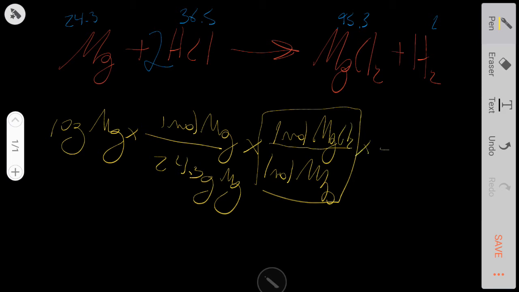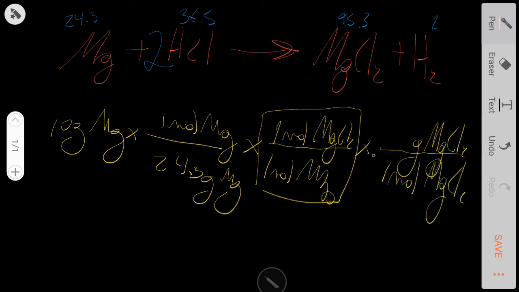And finally, over here, we're going to get rid of moles and get grams of MgCl2. And in 1 mole of MgCl2, magnesium chloride, I have 95.3 grams. So 95.3.